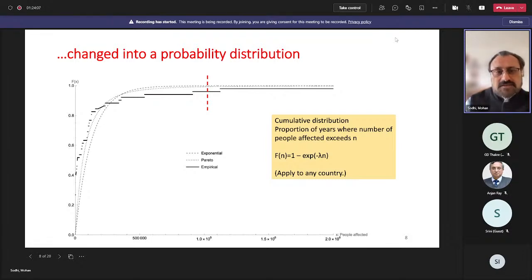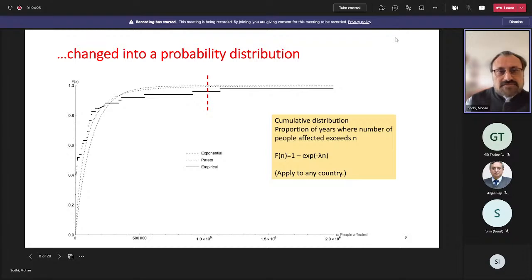Even a simple formula like an exponential distribution gives a pretty good match as to the probability that a certain number of people or more will be affected in a given year.